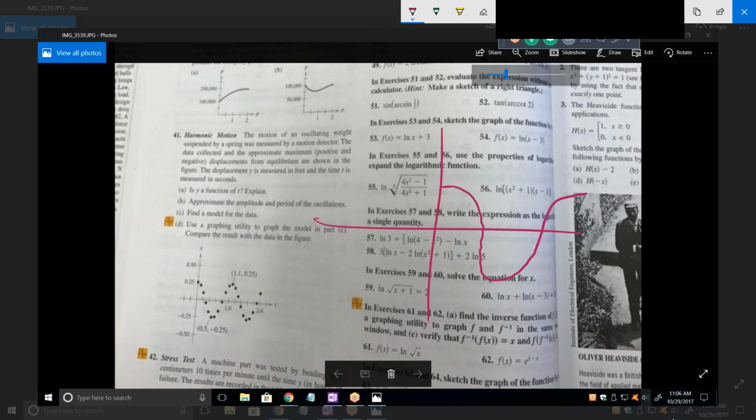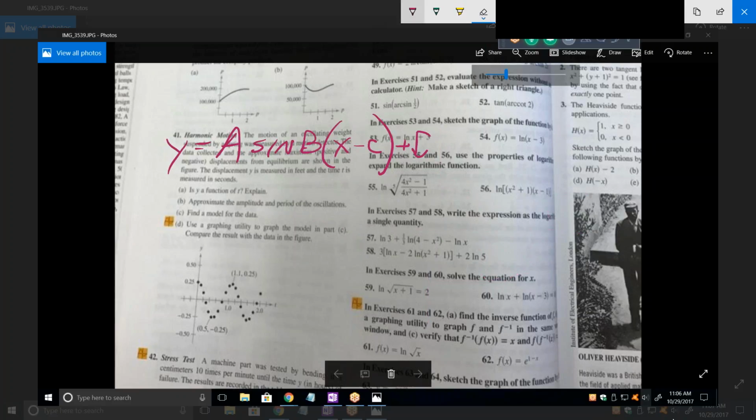Let's talk about the sinusoid function. y equals A. You tell me which one is your standard, because not every state has the same standard. Remember this? That's what we have to put this thing into, that format.